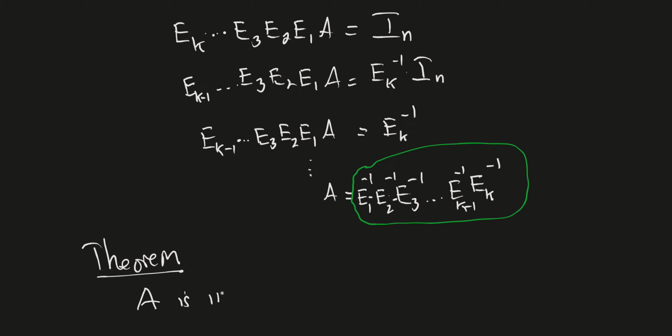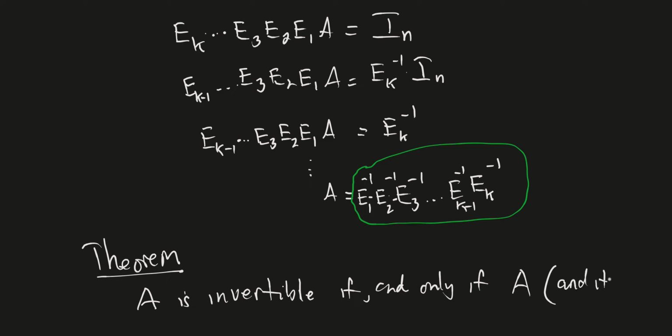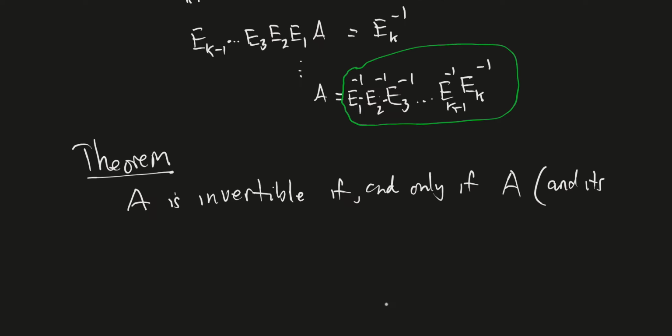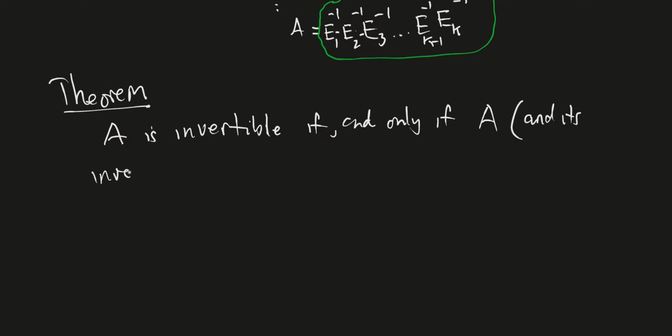A is invertible if and only if A, and in parentheses I'll put and its inverse, can be expressed as a product. And I'm not saying the product because there are different ways to do it.